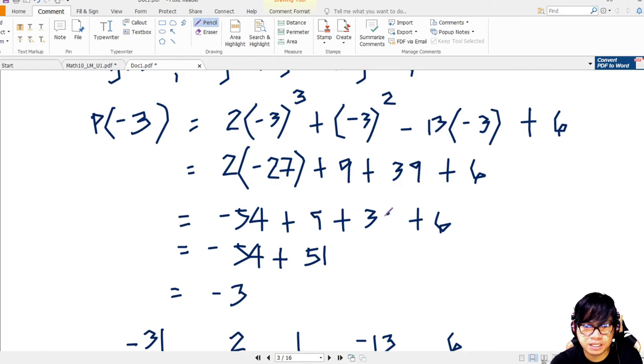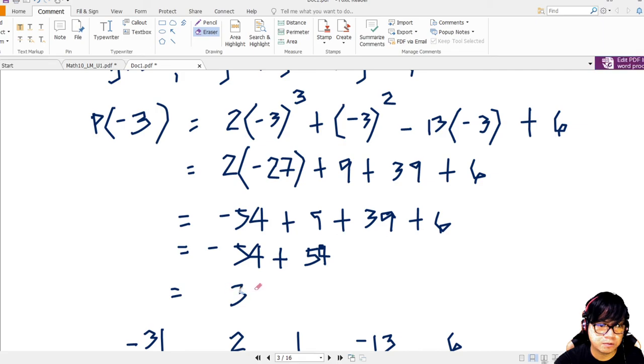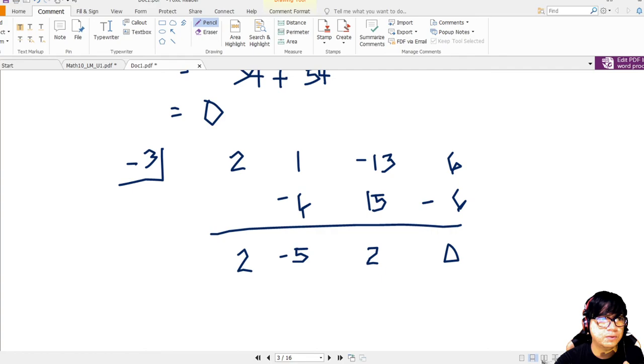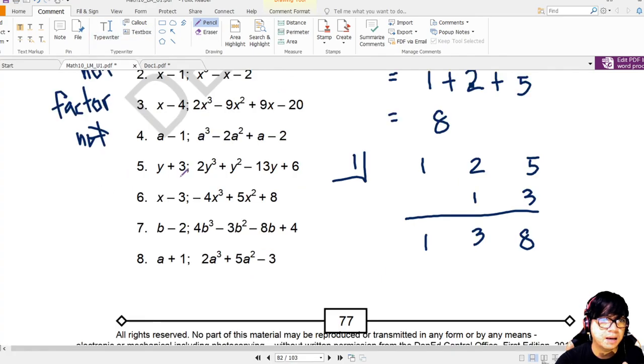So, it should be 39. So, 9 plus 39 is 48, plus 6, 54. So, 54 pala ito dito. So, negative 54 plus 54 is equal to 0. So, ibig sabihin, since the remainder is 0, y plus 3 is a factor. So, this one is a factor.